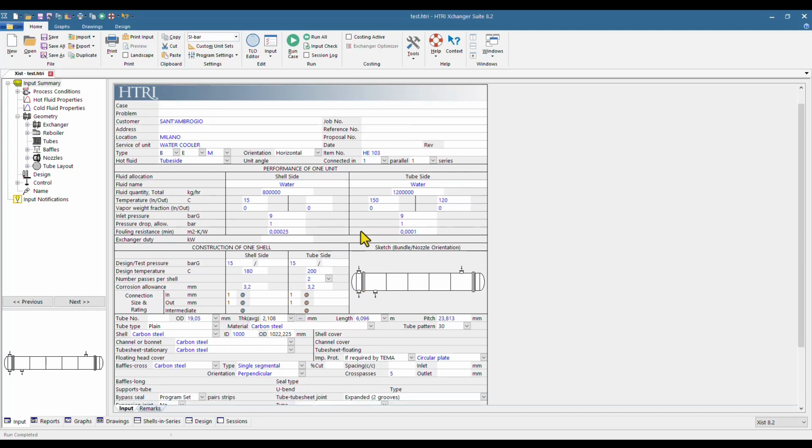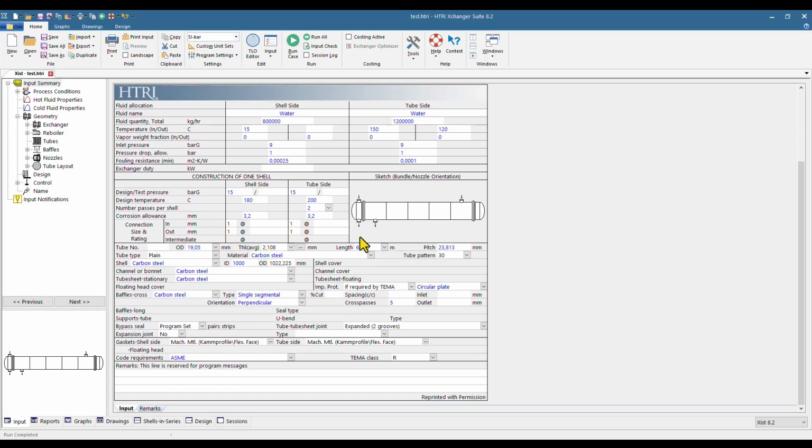Well, what has been decided, what has been provided in this design: tube number is not specified. It will be automatically calculated from the shell diameter. The shell diameter you have here is 1 meter. The tubes are 3/4 of an inch tubes, BWG 14, so thickness is 2.11.